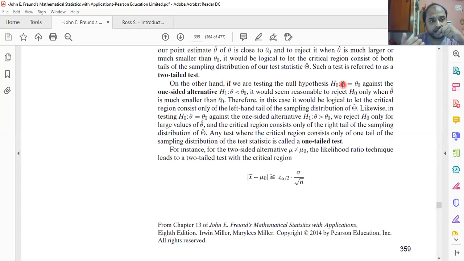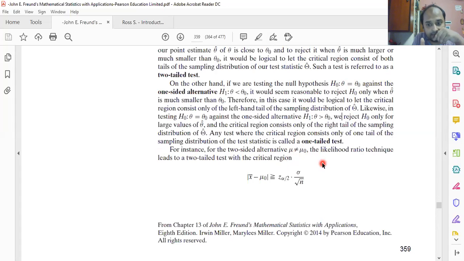In general, we term it as theta, but for the sake of the example, they have considered theta to be the population mean. So if in general theta's specific value is theta naught, then mu's specific value will be mu naught. Here they have considered a two-sided alternative, mu not equal to mu naught.